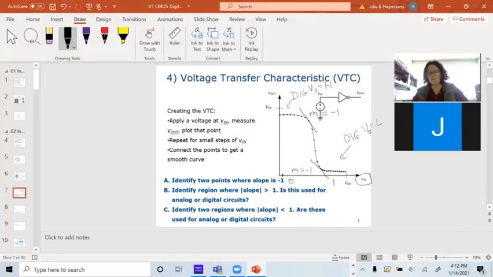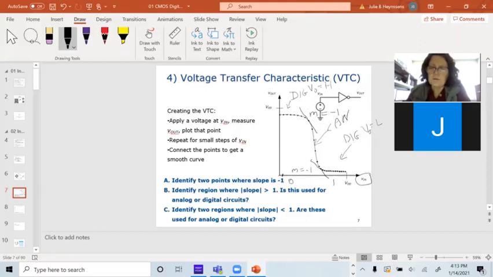In between those 2 lines is when you go into linear mode. This is where you're going to use the transistor as an analog circuit because it has a large slope. You can get a lot of gain out of it. But we don't want to use that region for digital. So this is analog.